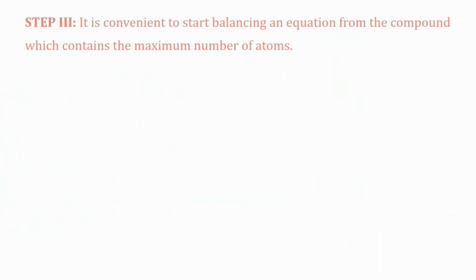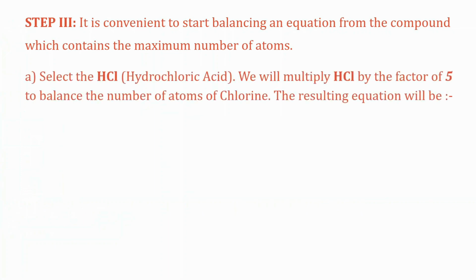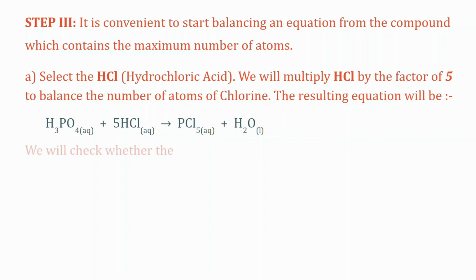In the third step, you take the maximum number of atoms. Which has the maximum number of atoms? Yes, you are correct. Hydrochloric acid, that is HCl, has the maximum number of atoms. So you will multiply it with 5. You will check whether it is balanced or not.